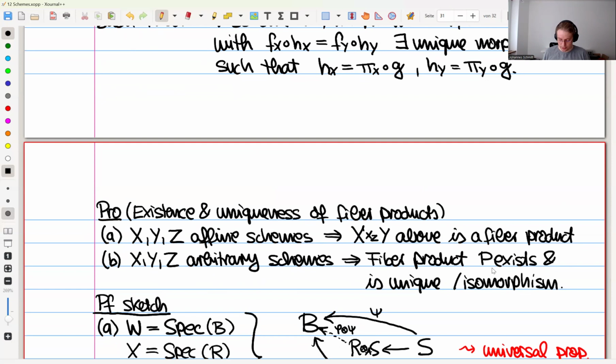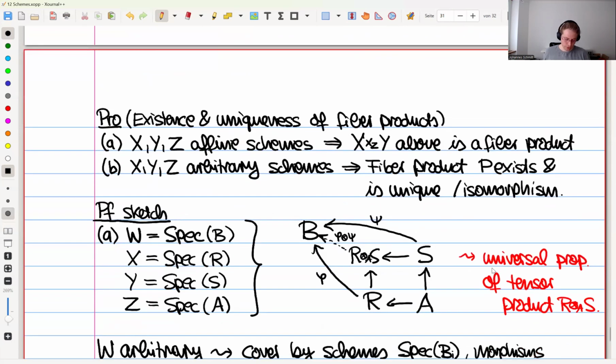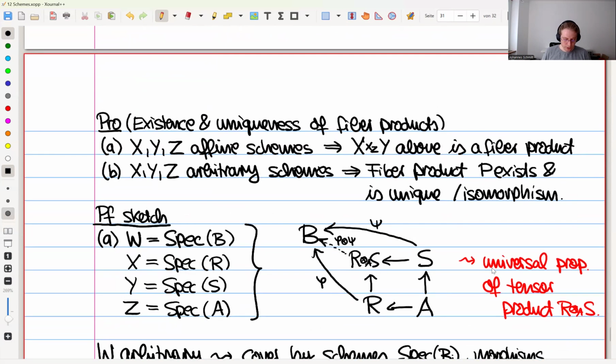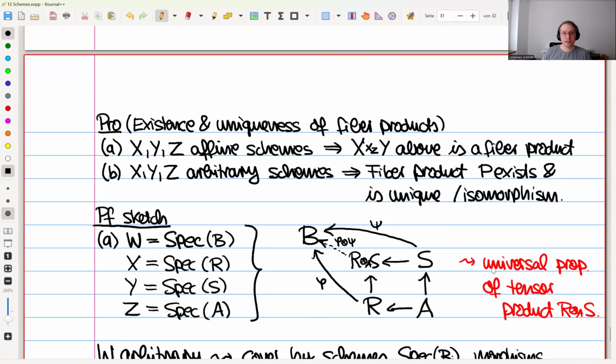So since we don't use this fiber product so much in the future, let me just give a proof sketch and go through it like this. For the first part, if everything is affine, then we're in good shape because then we can translate everything to the realm of rings.